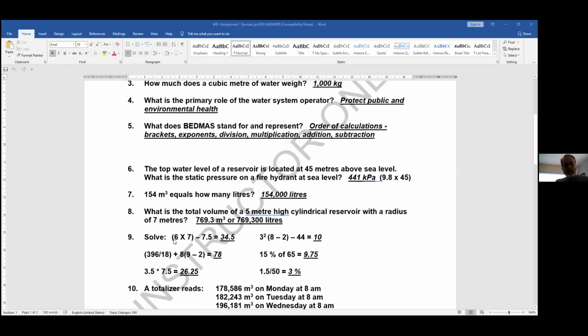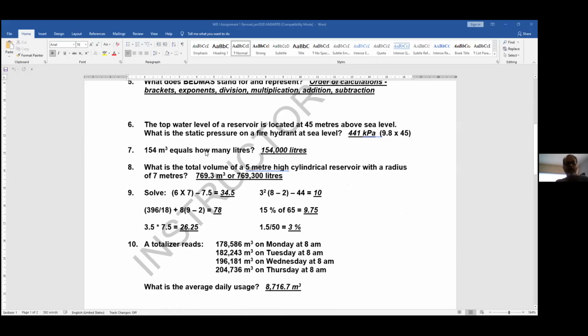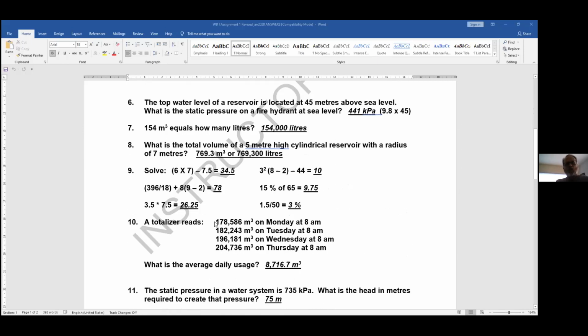Some of these are the order of solving from bed mass. This is from the equation sheets they are given. And we're going to talk some more later in the program about totalizers, right? The average daily usage. So just remember, when you get a totalizer question on a math or on a test, totalizer is the readout.